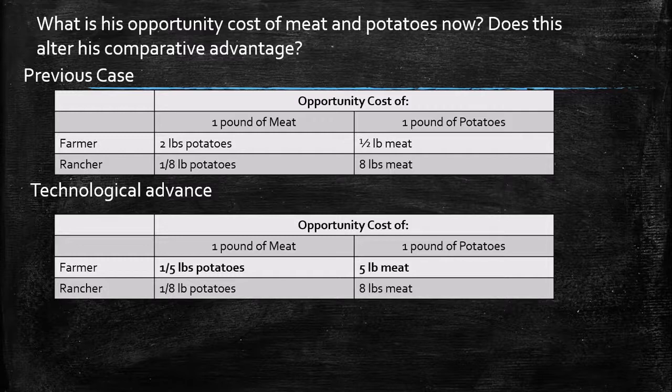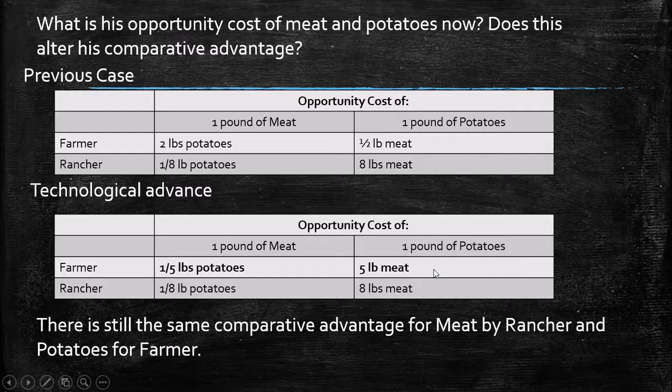And now with the technological advance, the opportunity cost of meat is really lower, because instead of 2 pounds of potatoes, now the opportunity cost of 1 pound of meat is just 1/5 pound of potatoes. On the other side, for 1 pound of potatoes, the opportunity cost is 5 pounds of meat.